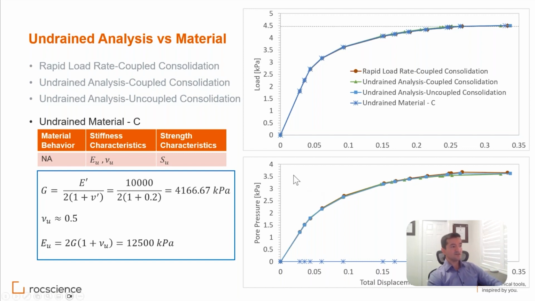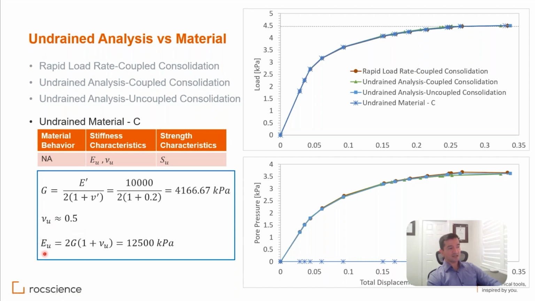In that case, we are defining stiffness characteristics and strength characteristics all in terms of undrained cases, assuming the shear modulus is going to be the same for undrained and drained cases. We can calculate that one. This is the effective stiffness. And for the undrained case, Poisson's ratio is going to be close to 0.5.